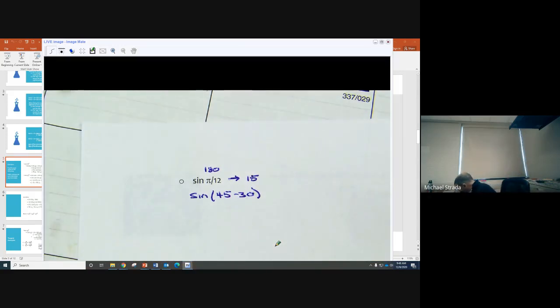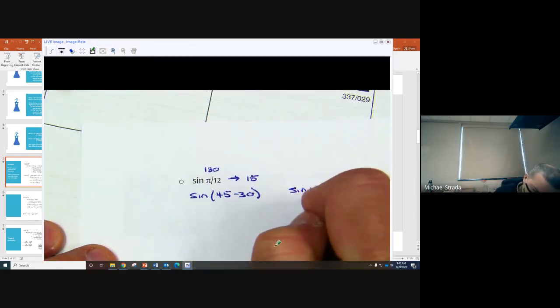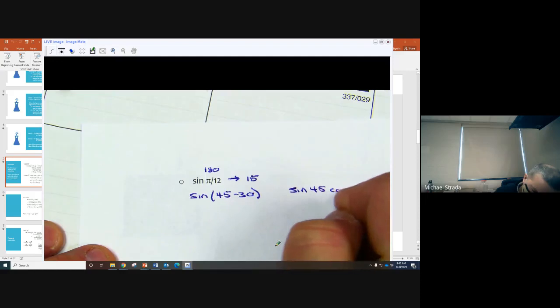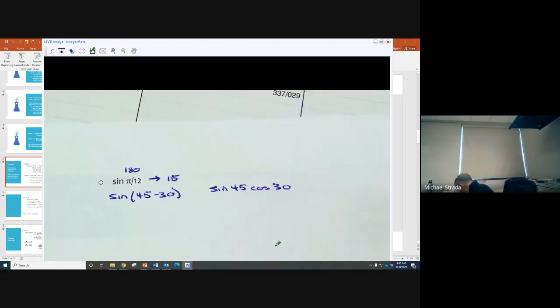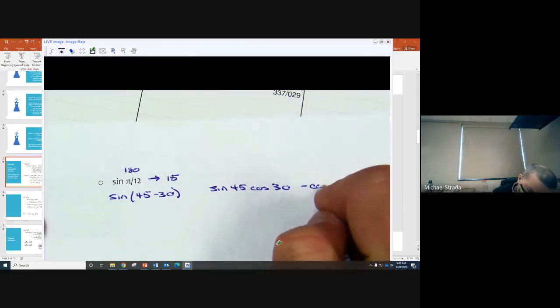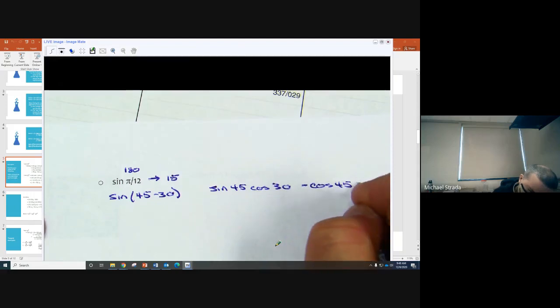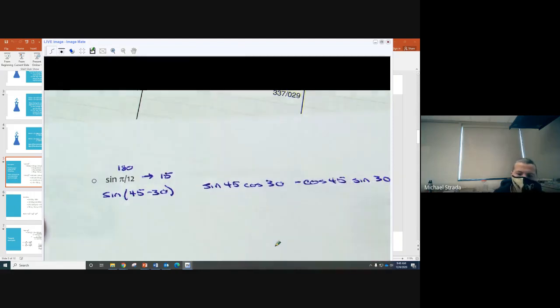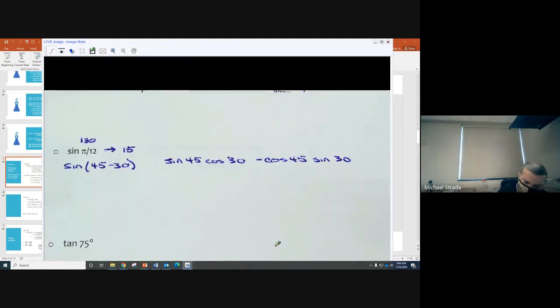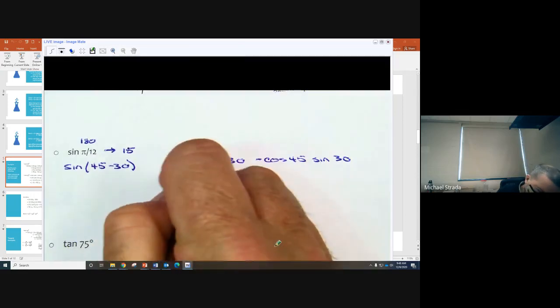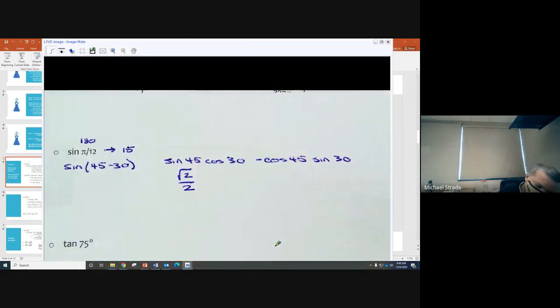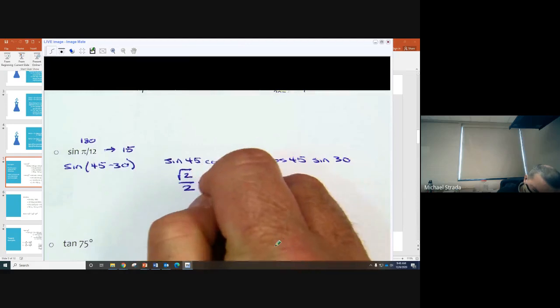So that would be the sine of 45, cosine of 30, minus the cosine of 45, sine of 30. The sine of 45 is root 2 over 2. The cosine of 30 is root 3 over 2.